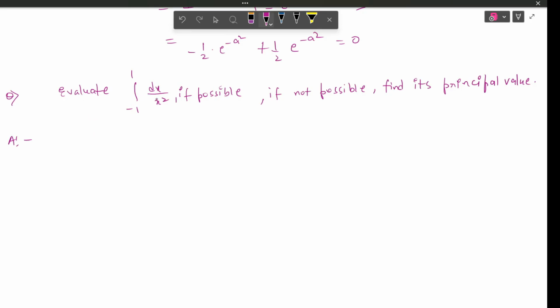Okay, see, this is an improper integral, right? Because we can clearly see that in between minus 1 to 1 there would be a value 0, and 1 by 0 is infinite.